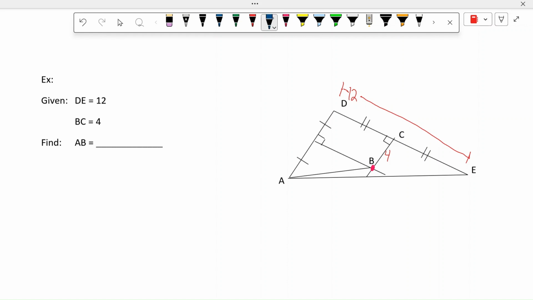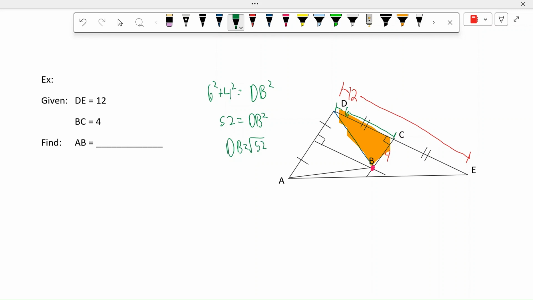If we draw in this segment DB, that creates this right triangle. And I see that there is a 6 because that's half the 12 and a 4. To figure out this length, another Pythagorean theorem, 6 squared plus 4 squared is equal to DB squared. So DB is the square root of 52. I'll break it down if I need to.